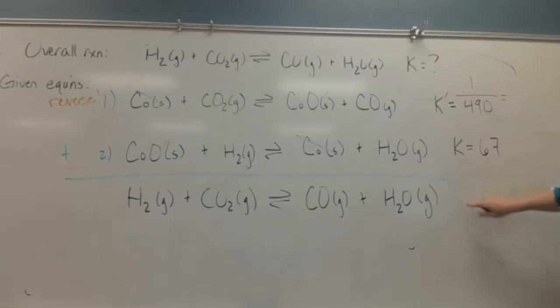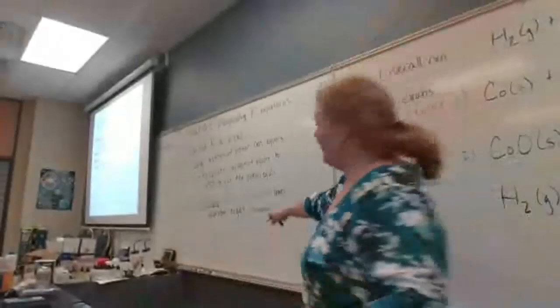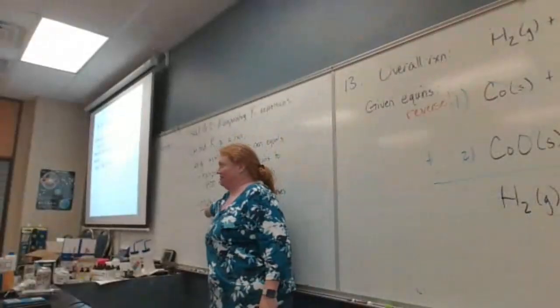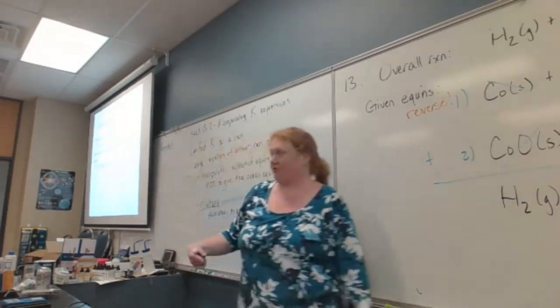What do I do down for K? What is this K value? How do I get this K value? Do I add these numbers together? I multiply. I multiply the K's for each equation together.